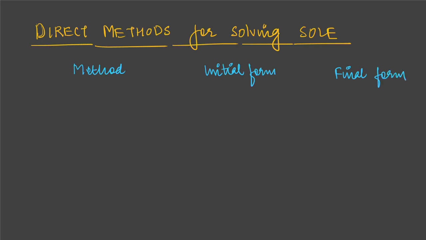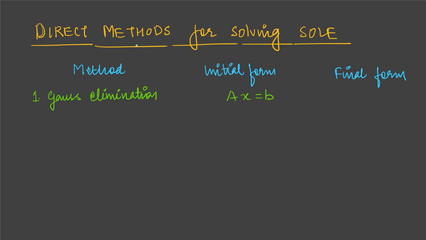Okay, so the first method that we have is the Gauss elimination method, and our system, as I already told you, is in the form of Ax equals b. But we are studying what? Direct methods. So I already told you what direct methods do.